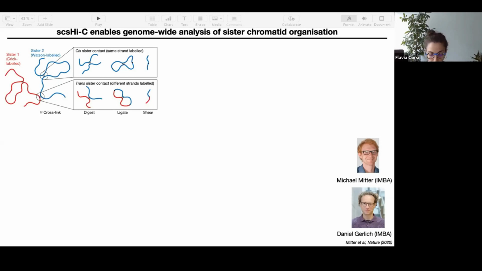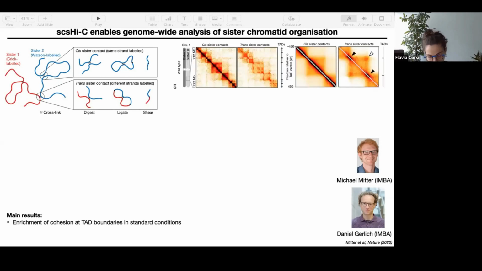The main finding of this experiment was that while in cis we continue to see TADs and peaks formed by loops, squares and peaks formed by TADs and loops, in trans, between the two sisters, we see an enrichment of contacts at the TAD boundaries, suggesting that cohesion is happening more often at TAD boundaries. So the two sisters are trapped at specific regions.